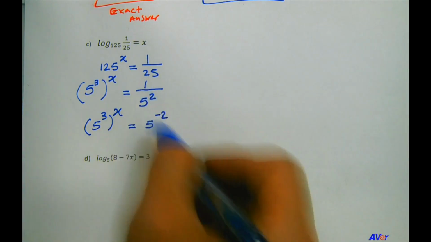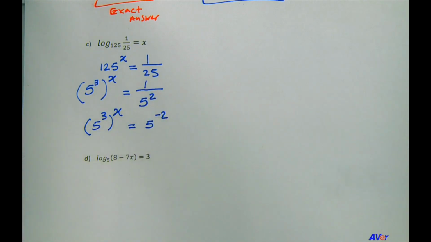Just rewriting this using properties of exponents. Do you see how we're using many skills and techniques we've learned in the past? The u substitution method, the zero product property, the properties of exponents. So that's why it's so important for you to review the previous material.